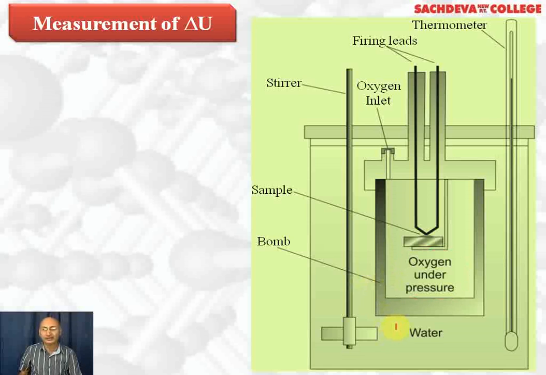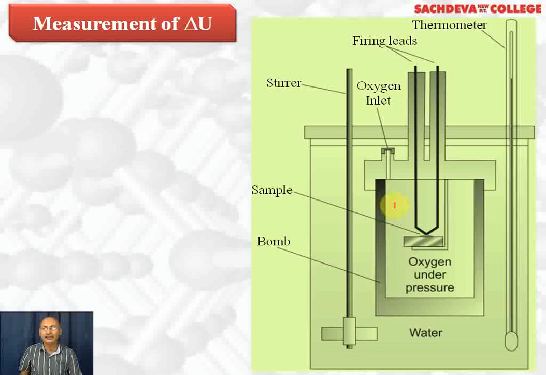Bomb calorimeter is in contact with water because whatever heat will be evolved or absorbed in this process will be given to water. And with the help of thermometer, we will record the temperature change. So with the help of this apparatus, we can find out the heat exchanged with the surroundings or heat liberated or absorbed at constant volume.